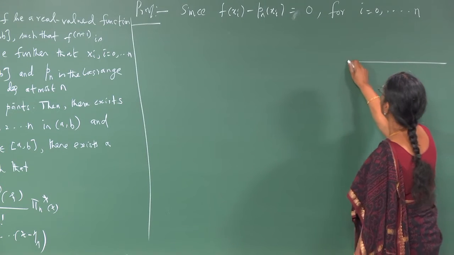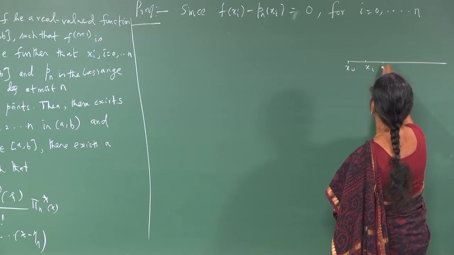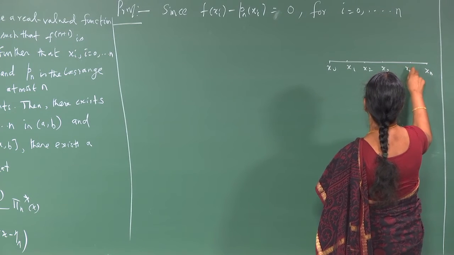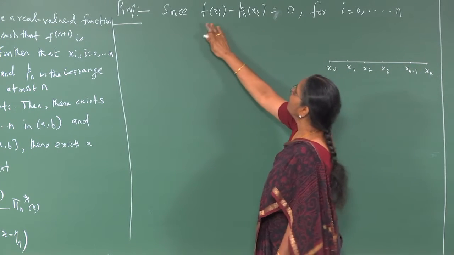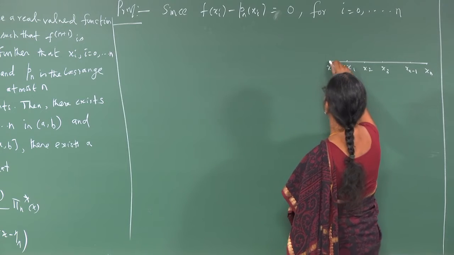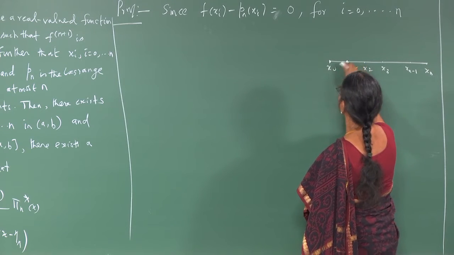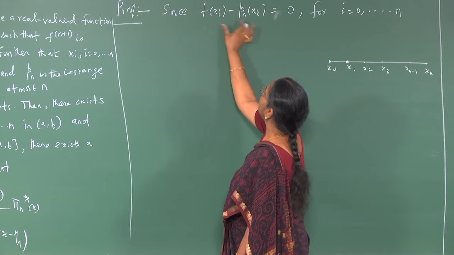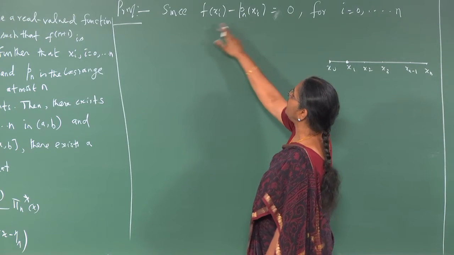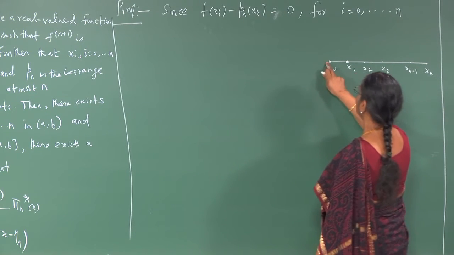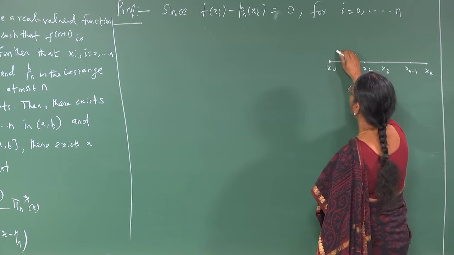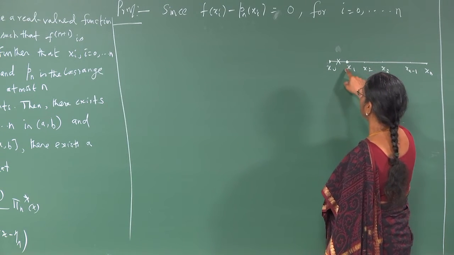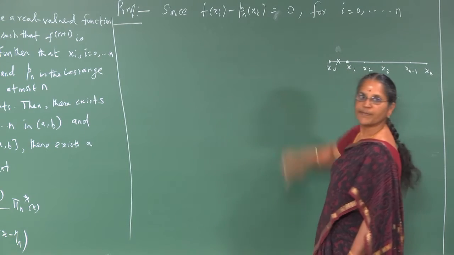So, what does that mean? These are the points x0, x1, x2, x3 etc. up to xn minus 1, xn. It says f of x0 minus Pn of x0 is 0, f of x1 minus Pn of x1 is 0. So, f minus Pn evaluated at x0 is 0, at x1 is 0, and therefore, there must be a point between x0 and x1 at which the derivative must be 0.